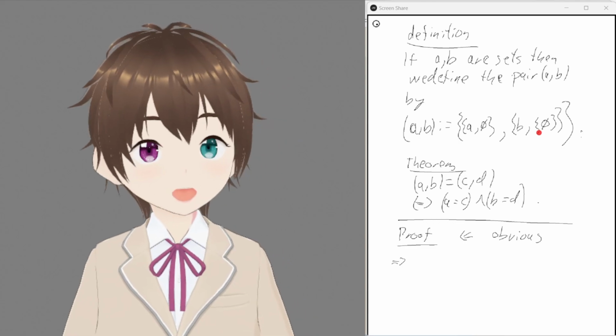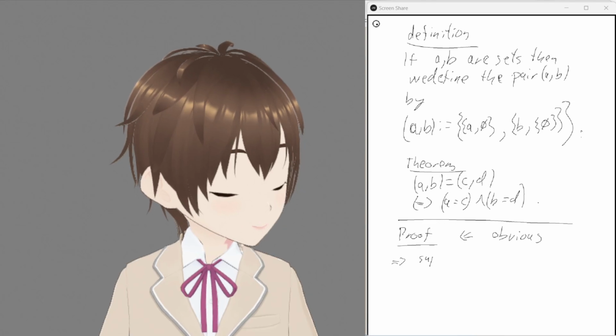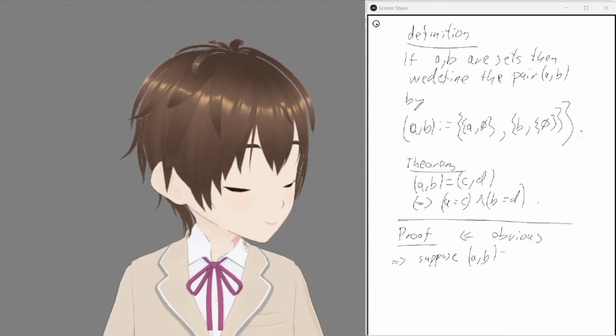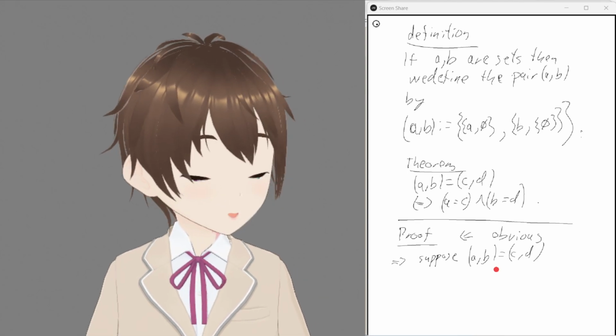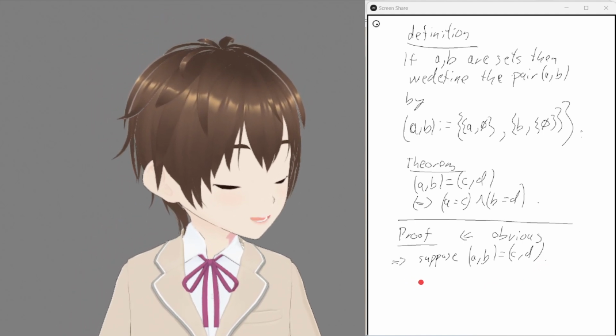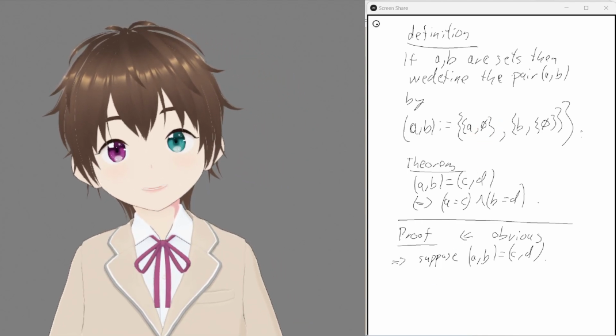If these are equal, I need to conclude that A equals C and B equals D. So suppose I know that AB equals CD, and I want to conclude from this that A equals C, and I also want to conclude that B equals D. Well, first, I want to conclude the first part is the same.